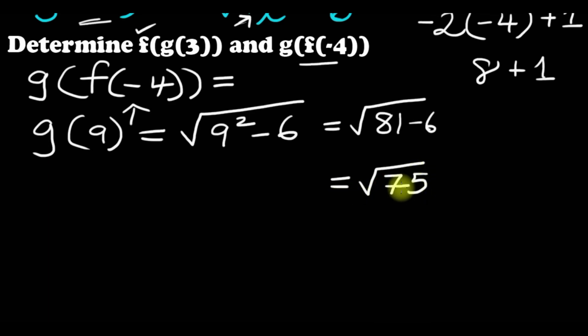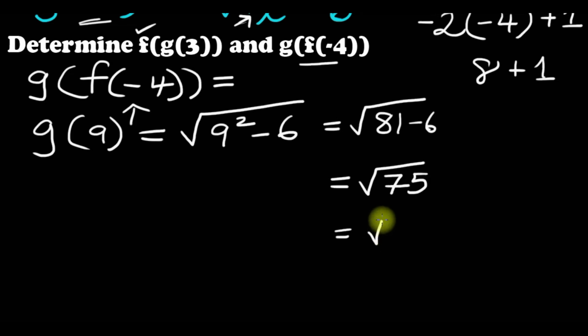Now, 75 is not a perfect square, so we have to simplify square root of 75. Since it's not a perfect square, we simplify by breaking it up where one factor is a perfect square.